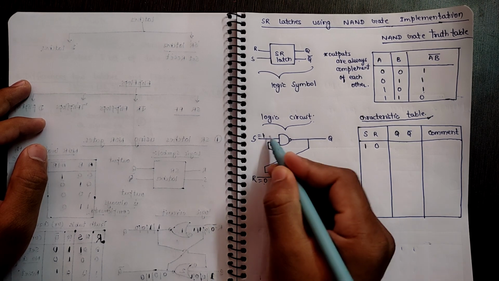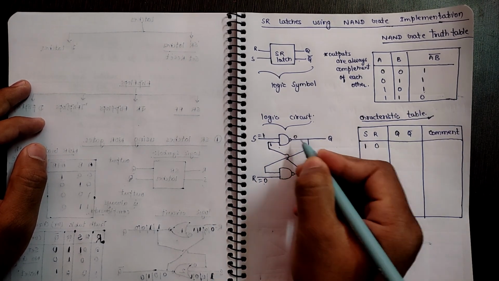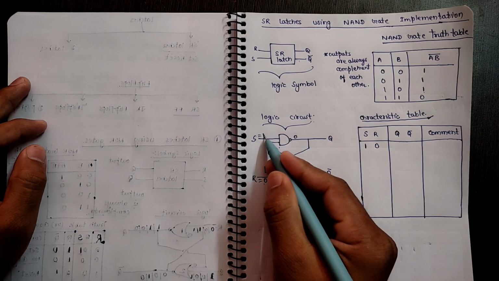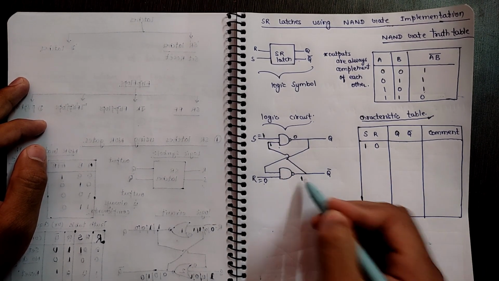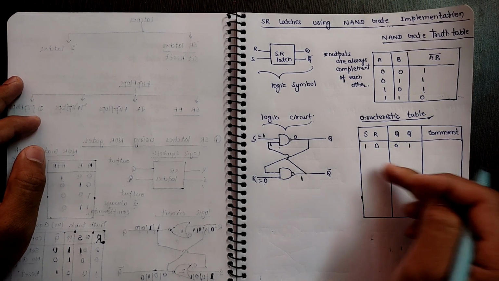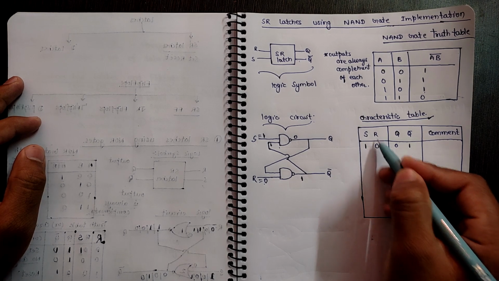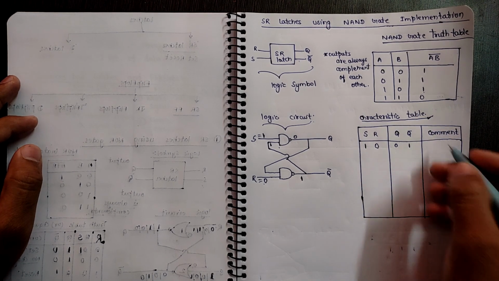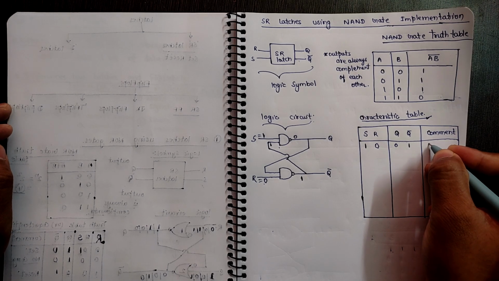So here it will become 1 and 1, and the output when 1 and 1, it will become 0. So when S is 1, R is 0, we are getting 0 and 1 as our output. This type of case, when S is 1 and R is 0, for SR latch using NAND gate, we say it as reset.